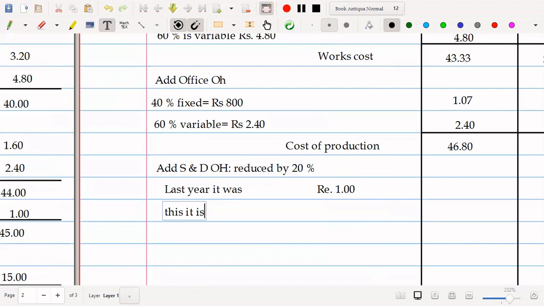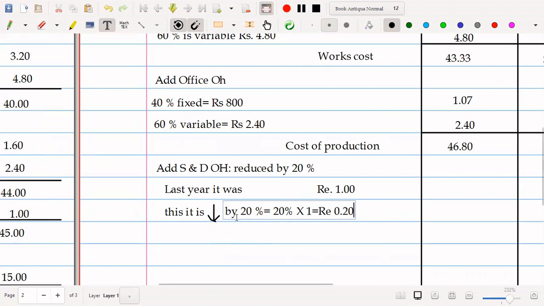it is reduced by 20%. So that is equal to 20% of ₹1, which comes to rupee 0.2.